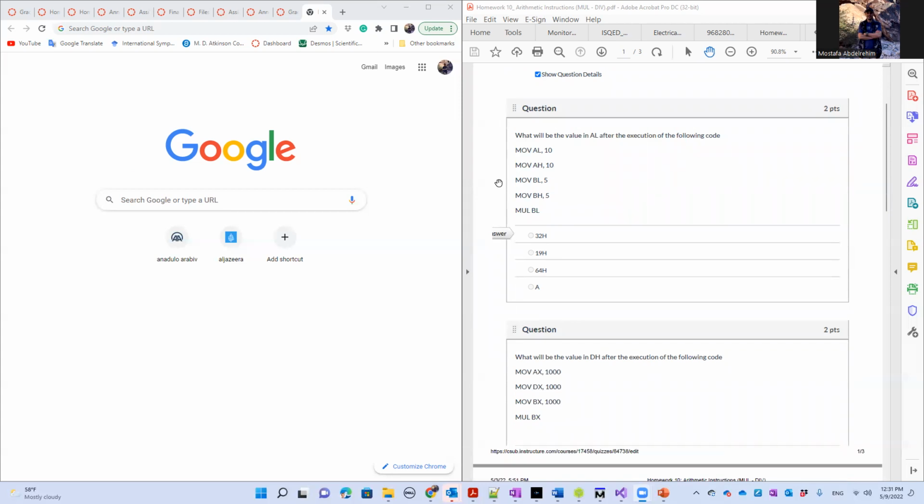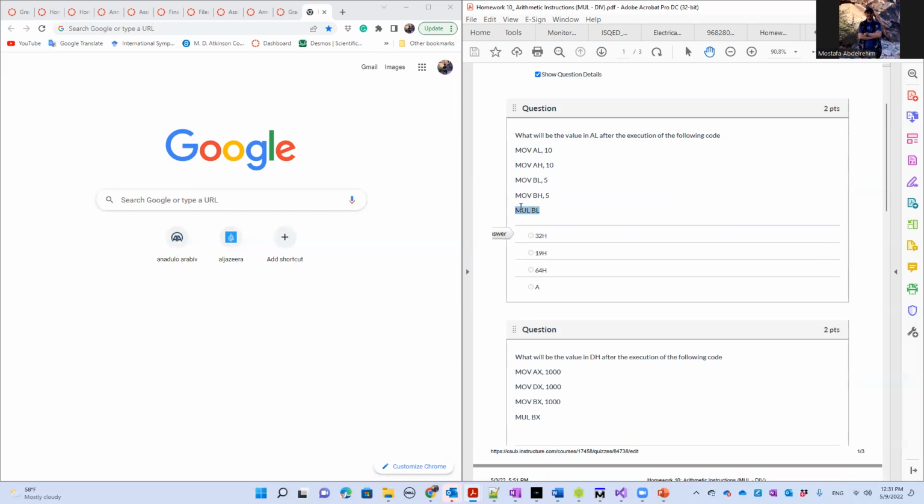What will be the value in AL after the execution of the following code? You have 5 lines of code in which we set AL to 10, set AH to 10 again, move BL 5, move BH 5, and MUL BL.